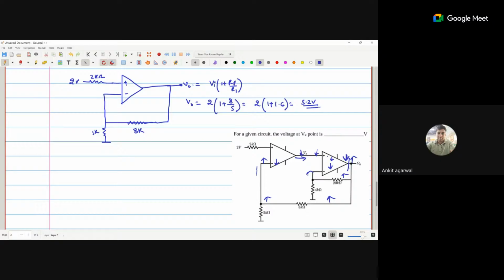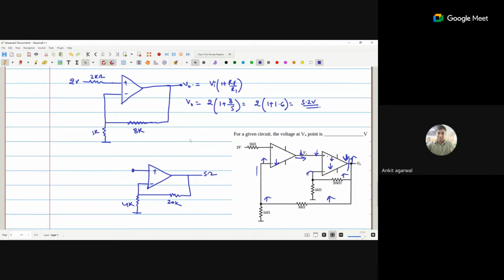Now we consider the second operational amplifier. This is the plus, this is the minus. We are getting 5.2 volts here. This is the 20k, 4k, ground. We have to calculate the voltage here.